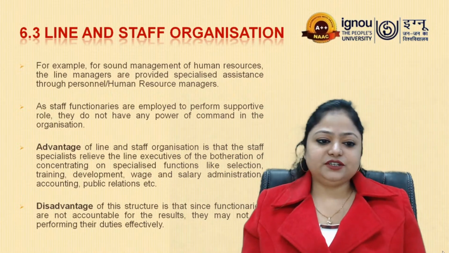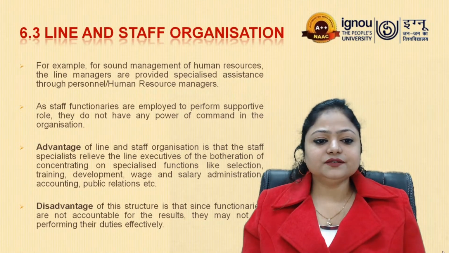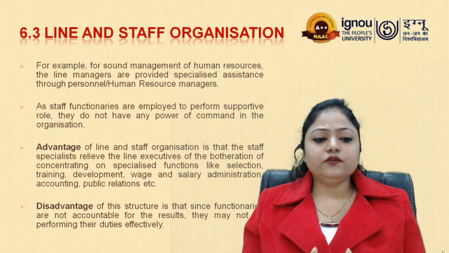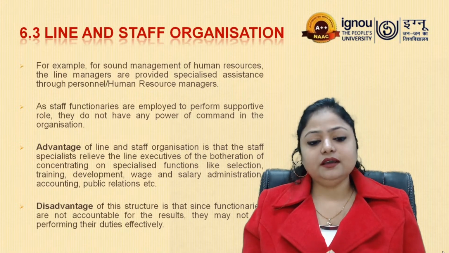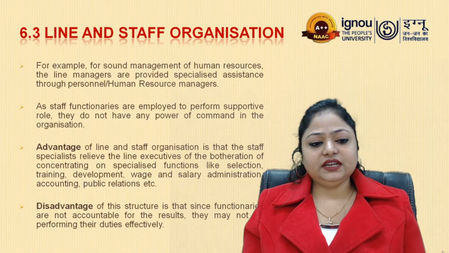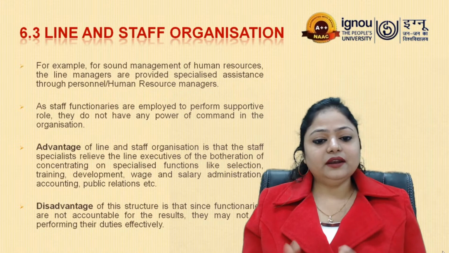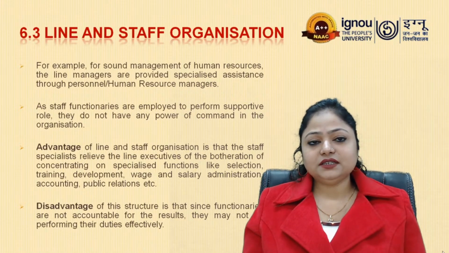The staff specialists relieve the line executives of the botheration of specialized functions like selection, training, wages and salary administration, accounting, and public relations. The line managers depend upon the staff members or managers who help them to conduct all these processes.